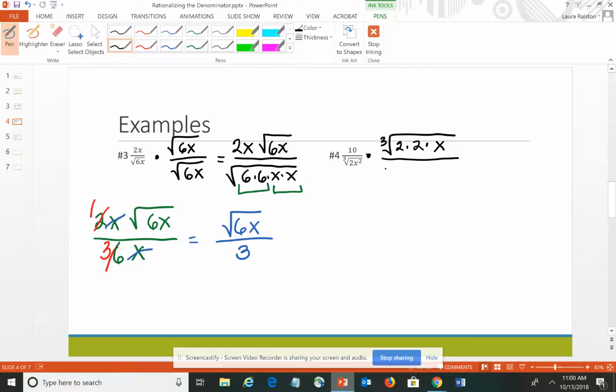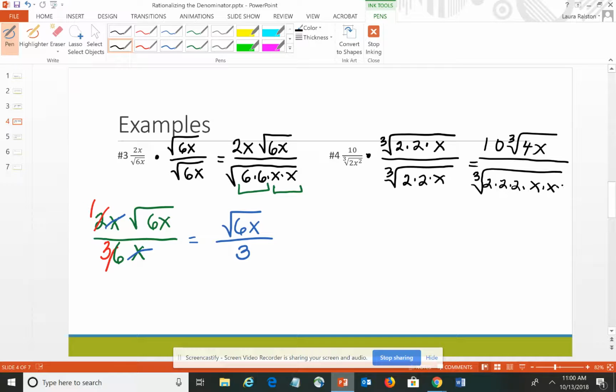So I'm going to multiply the numerator and the denominator by the cube root of 4x, which gives me 10 times the cube root of 4x over the cube root of 2 times 2 times 2, and x times x times x. Notice that now in my denominator I've forced it to be a perfect cube because I have a set of 2s and a set of xs.